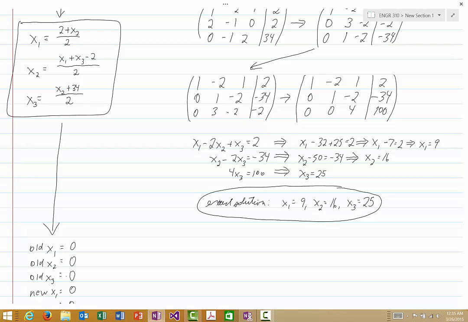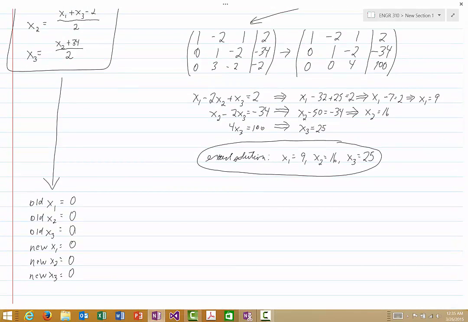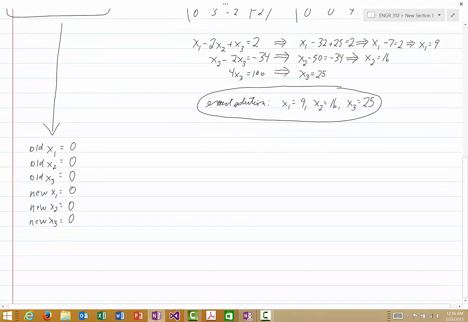But since we don't know anything about this system of equations right now, we don't know where it came from or what it corresponds to, we'll just guess old x1 equals 0, old x2 equals 0, and old x3 equals 0. So far all we've done is define these old and new versions of each of the variables: old x1 and new x1, old x2 and new x2, old x3 and new x3.